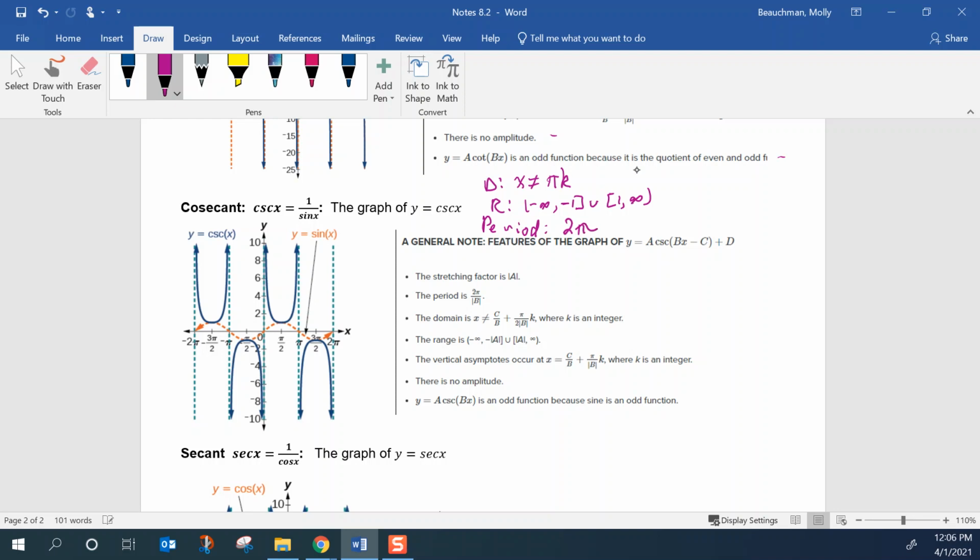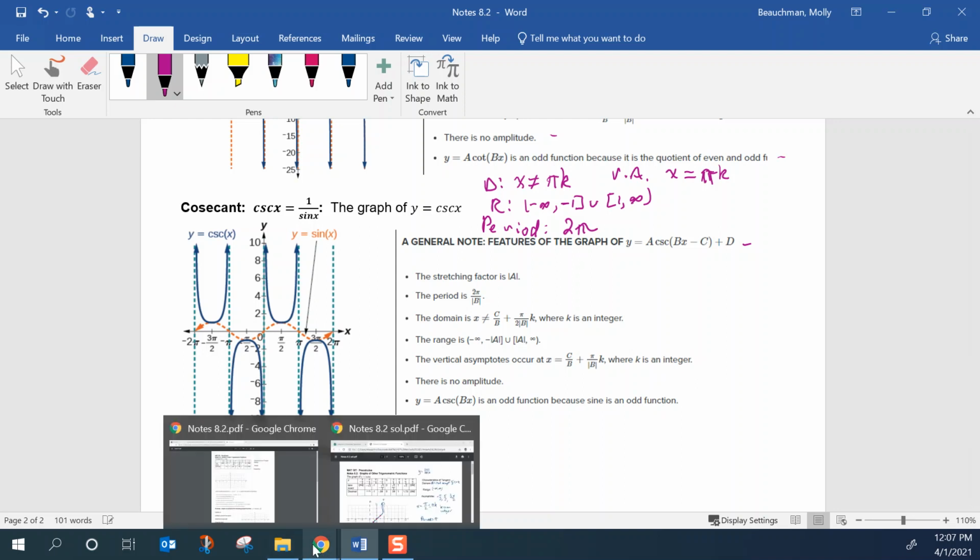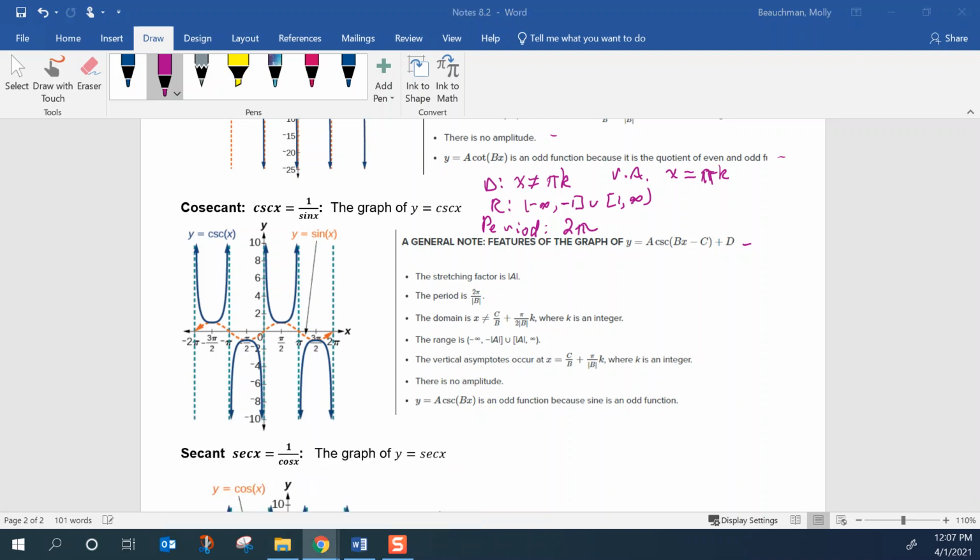And then the vertical asymptotes have the form x equals pi times k, multiples of pi, where k is an integer. And then if you want to graph, you've got general features here. Just to let you know, you can certainly graph using Desmos. So I'm going to go ahead and open Desmos and show you.